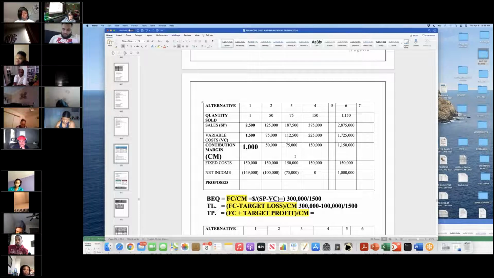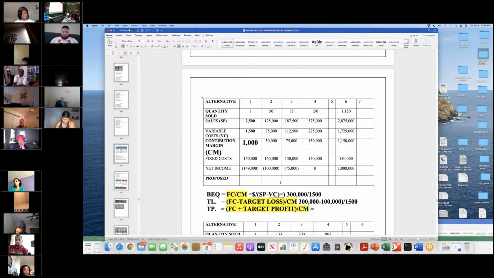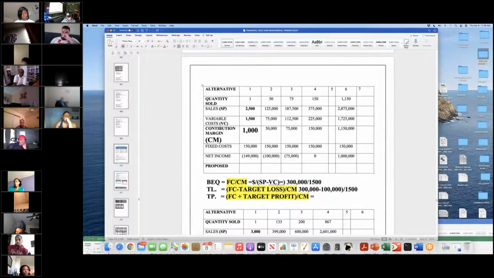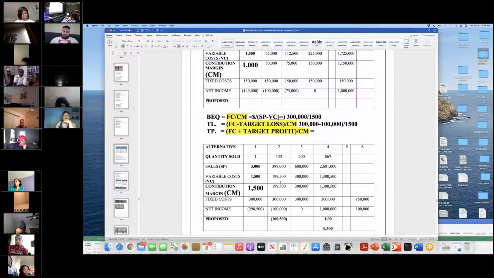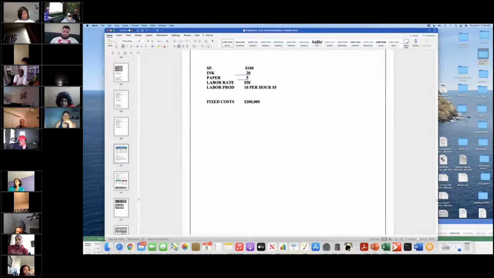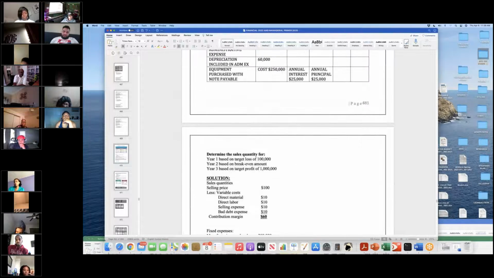The quantity we need to make impacts how much raw materials we need and what size facility we need. All of those things tie into that. So this is how businesses operate. Are there any questions on the formulas or anything we did last time before we look at the homework?